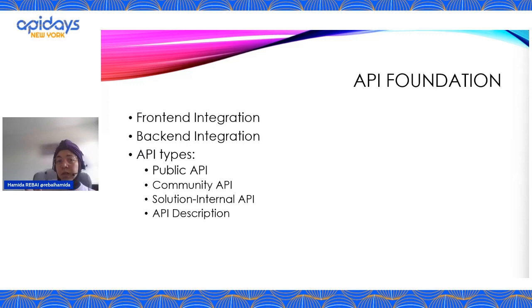So the first one is front-end integration. It involves integrating APIs with front-end applications to create effective, user-friendly applications. So effective API design, security, documentation, data format, and error handling are all important considerations for front-end integration.